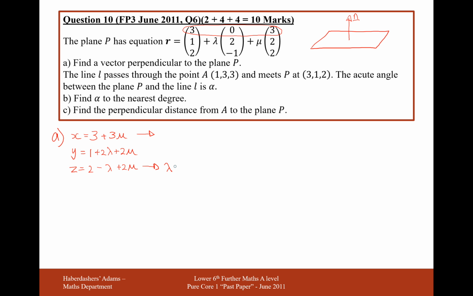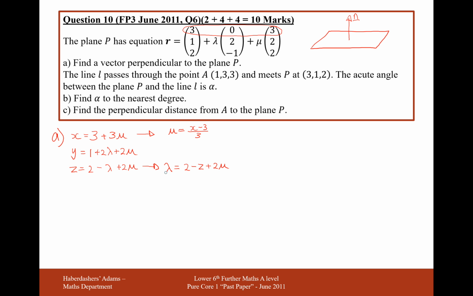There's lots of ways of doing this. I'll make lambda the subject. So lambda equals 2 take away z, add on 2 mu. And with this one up here, I'll make mu the subject. So mu equals x minus 3 over 3.